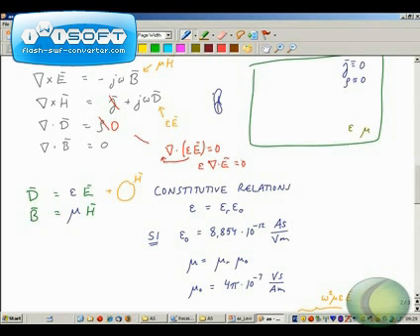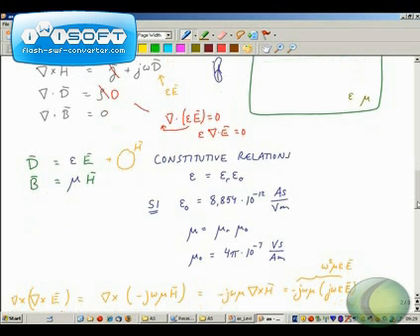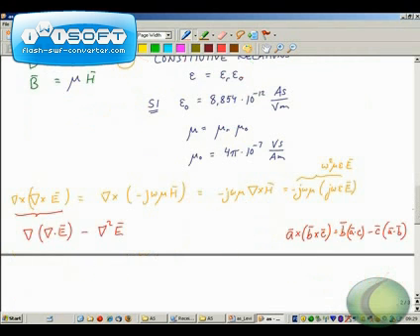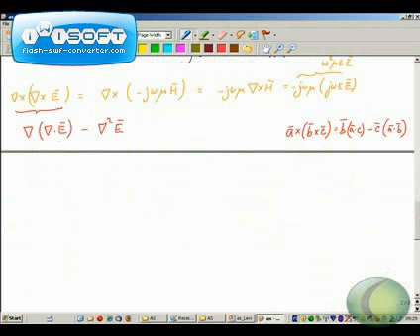Do you agree? Which means that the divergence of E is 0, if epsilon is constant, uniform. Otherwise we cannot take it away from there. But that only means that this is now 0. And we get a simpler relation.